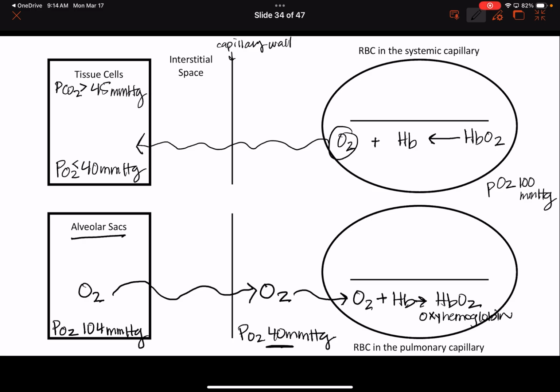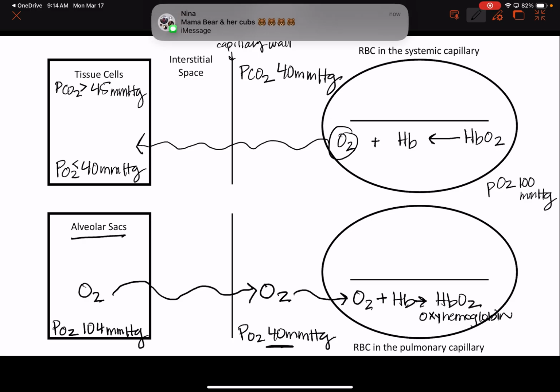And what is our PCO2 of our oxygenated blood? 40 millimeters of mercury.